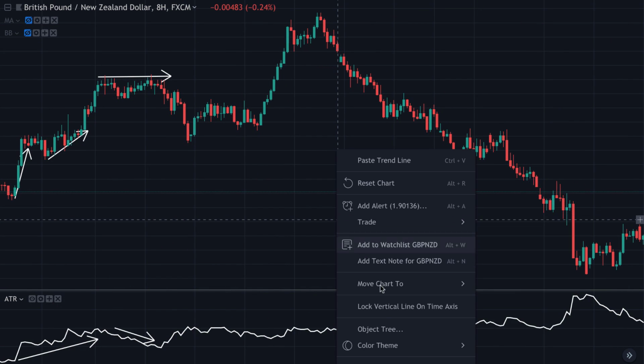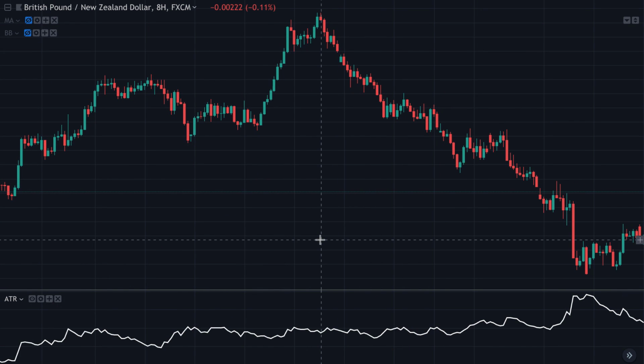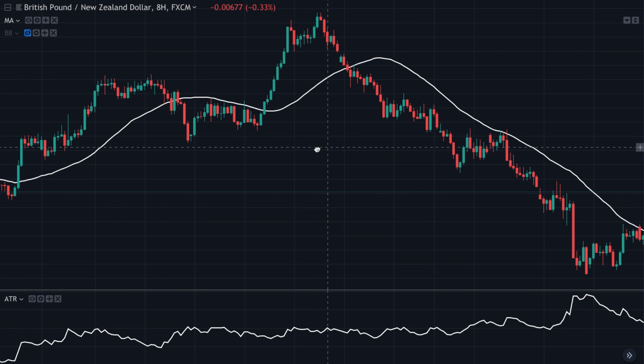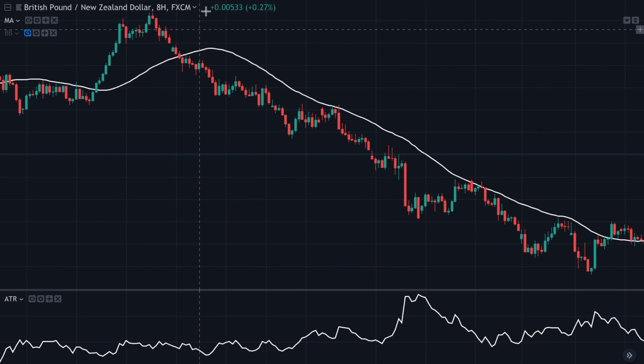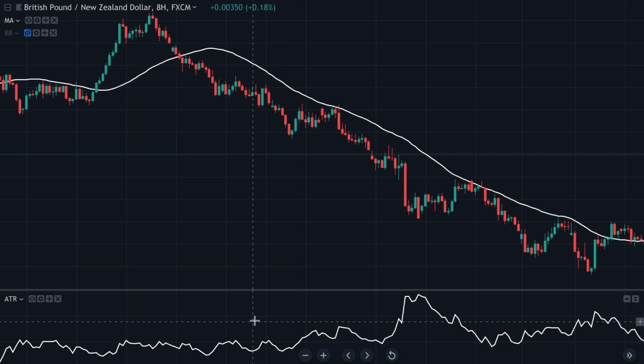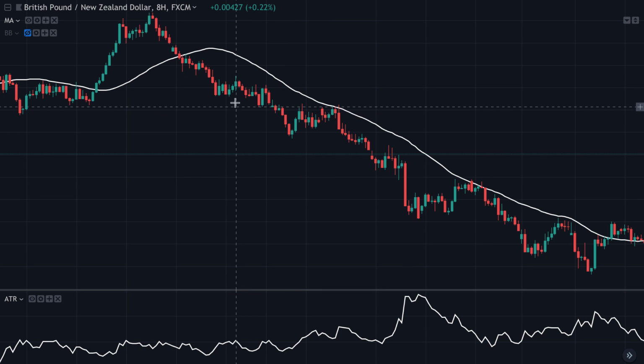So what do you do in such a case? You can combine the ATR with the general moving average approach. Here, for example, we can use the moving average as our standard stop loss approach, and then you can use the ATR to define how far away from the moving average you want to place your stop loss.